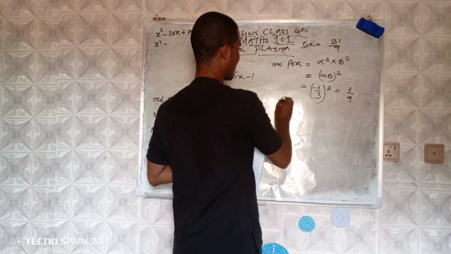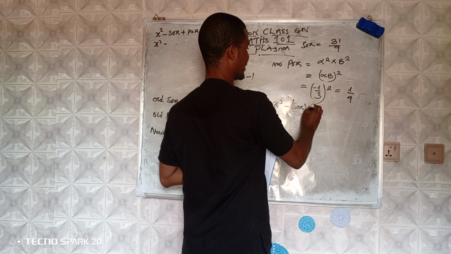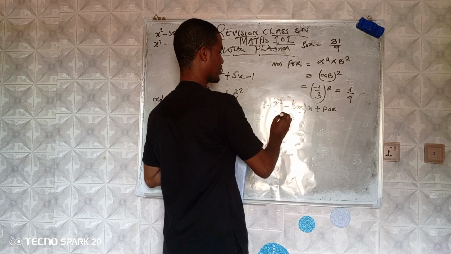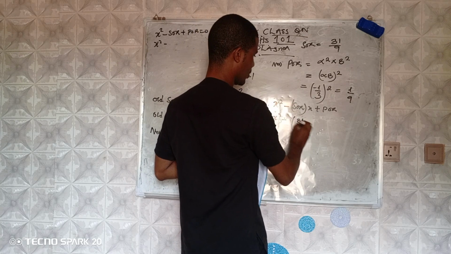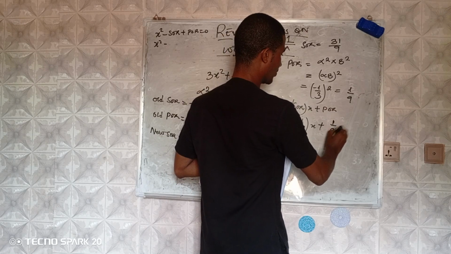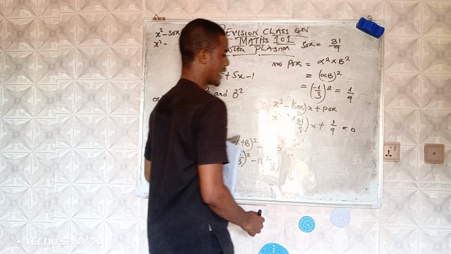So using my x squared minus SOR x plus POR, I have x squared minus 31 over 9 x plus 1 over 9 equals 0. They all have the same denominator, so I'll multiply everywhere by 9.